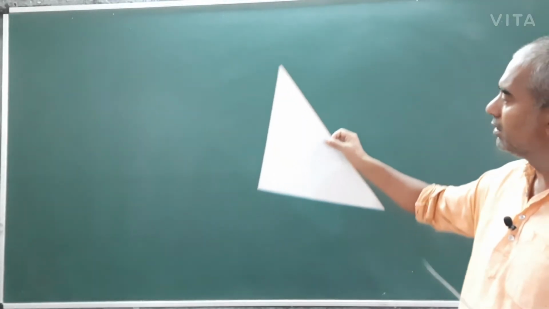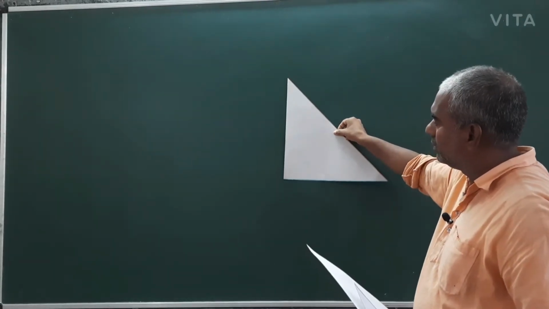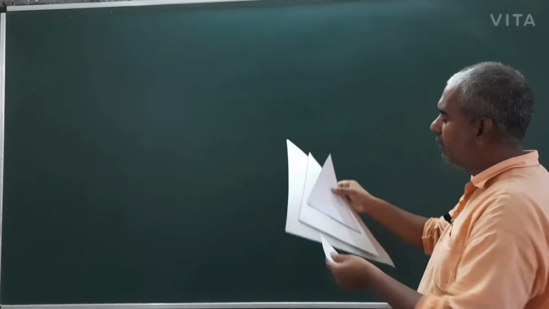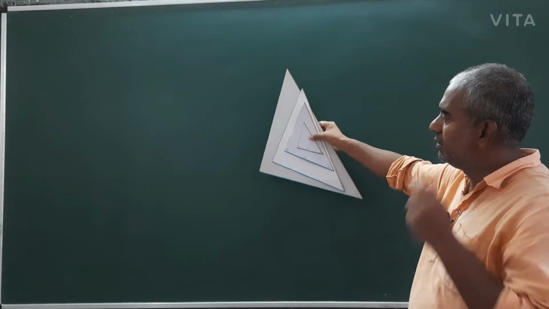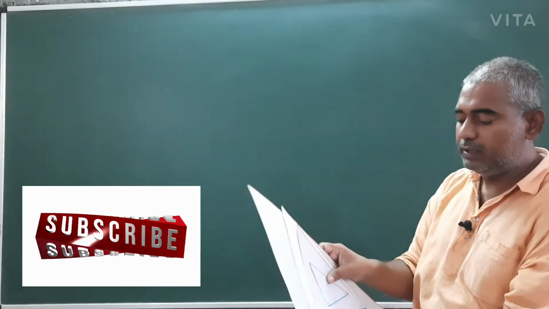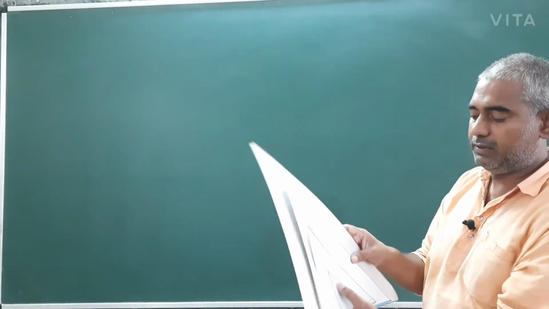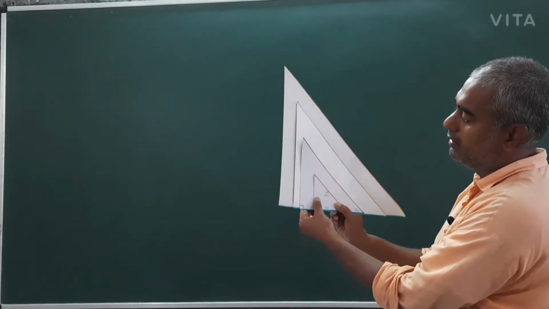These are all right angle triangles. So what are the special things in all of these? Let me show. This is the right angle.